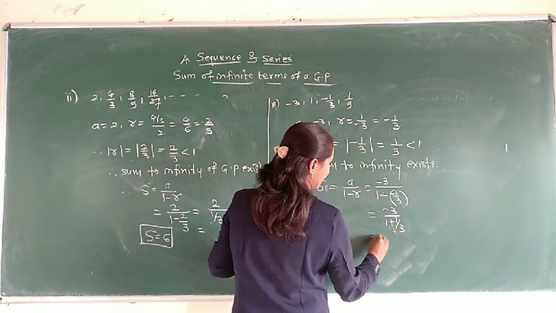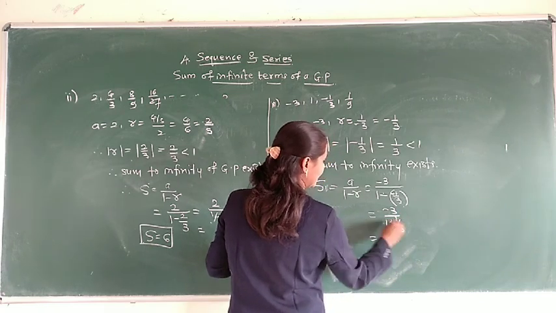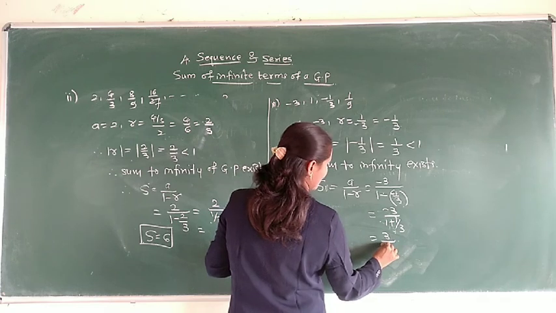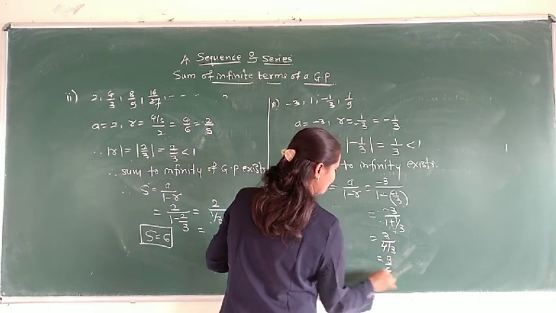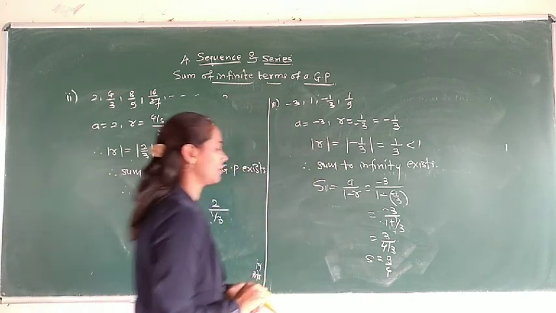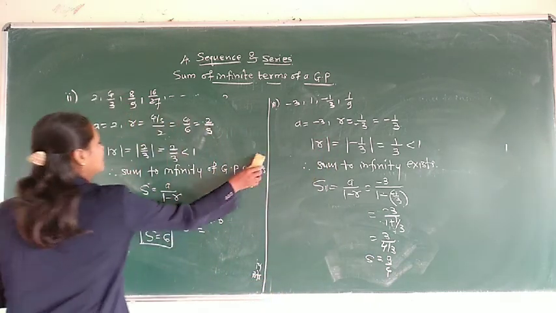Minus minus becomes plus 1 by 3, hence it is 3 plus 1 over 3, 4 by 3, that means it is 9 upon 4. Therefore sum to infinity of GP for the third sequence is 9 upon 4.